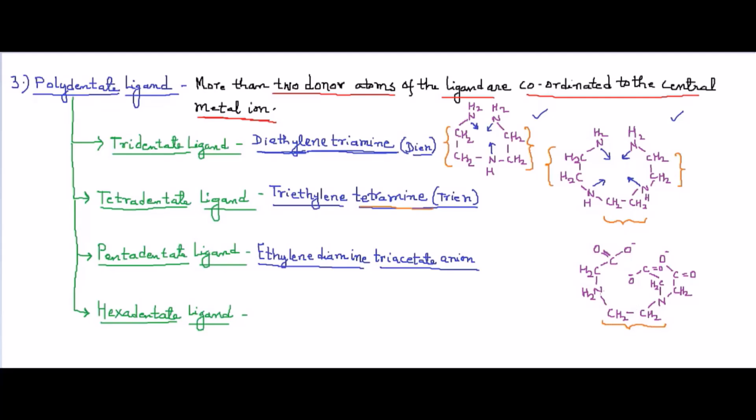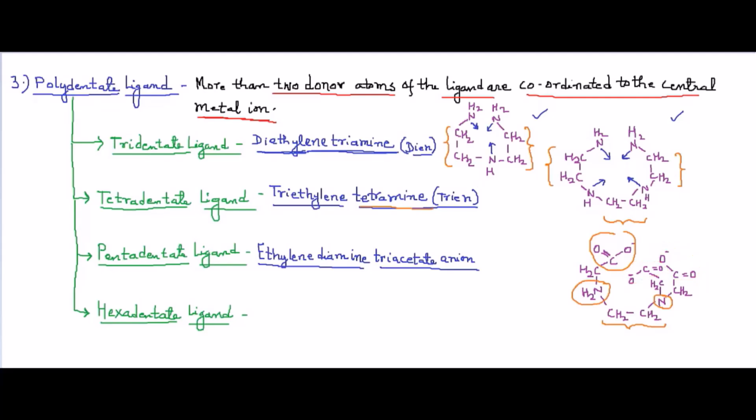Then diamine, we have two amine fragments, two nitrogens, right? And triacetate means there are three acetate segments also. As you can see, this is one acetate, this is another acetate, and this one is the third acetate, right? So we have ethylene, diamine and triacetate.